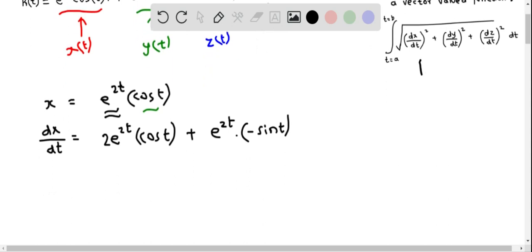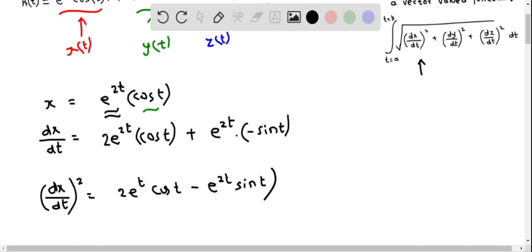So we have just found dx over dt. Since we need the square of this dx over dt, we will square it up. So this becomes (2 e^(2t) cos t minus e^(2t) sin t) quantity squared.